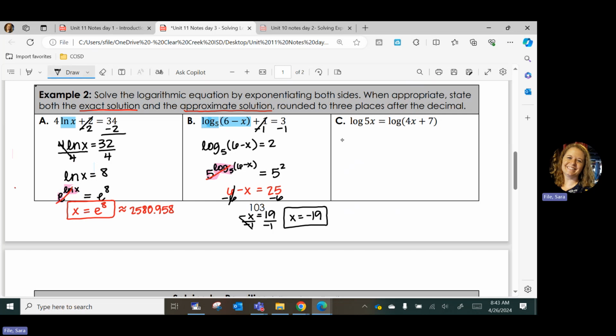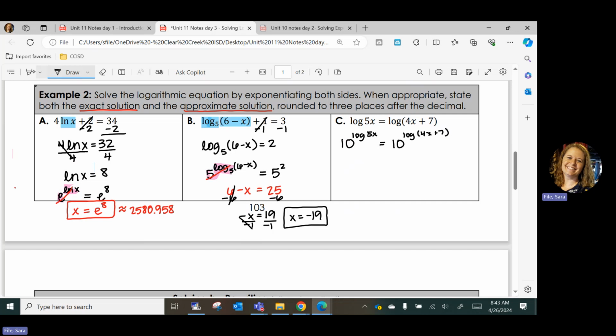So I can write a base 10 to the power of log of 5x equals a base 10 to the power of log of 4x plus 7.